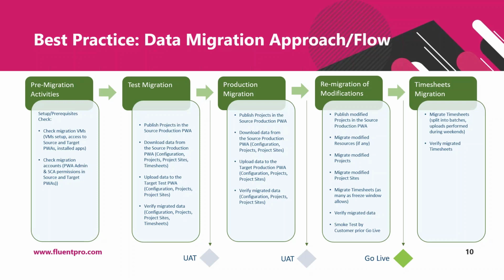During this phase, source production PWA will be frozen and users will not be able to work with this PWA. They should be on hold, and when the migration is completed, users will switch to the target production PWA. So during this phase, modified projects will be published in the source production PWA.